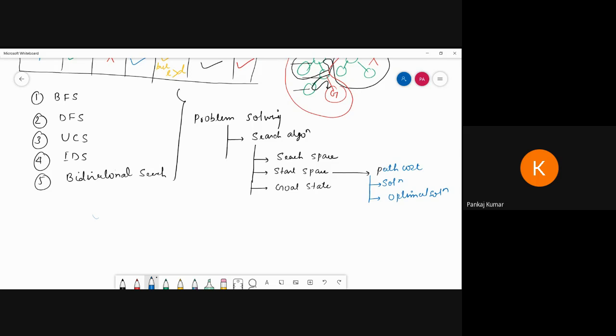If someone asks what are the properties of a search algorithm, that means how to find out the performance of your system.